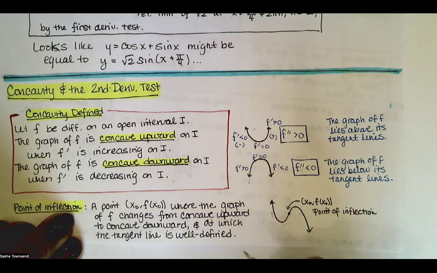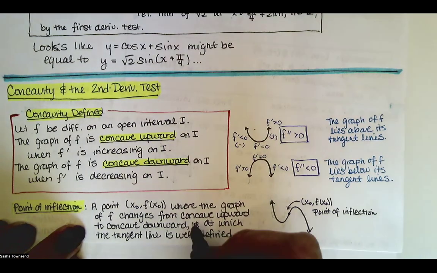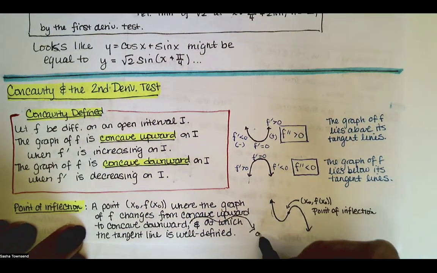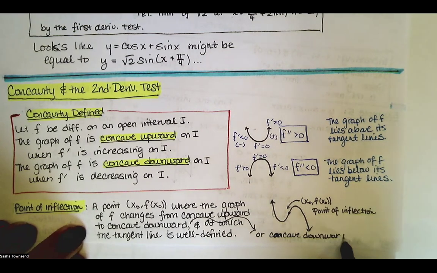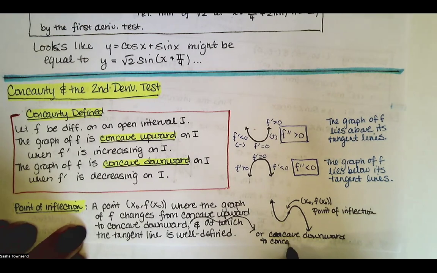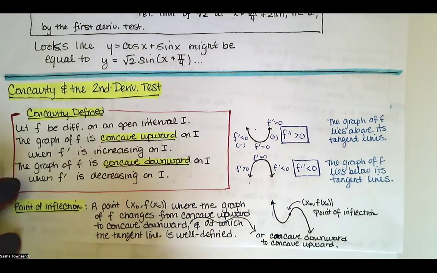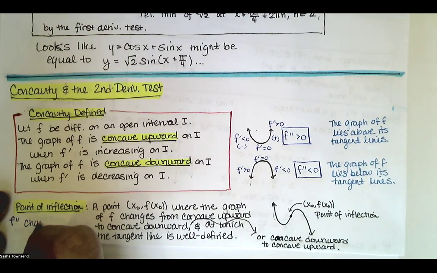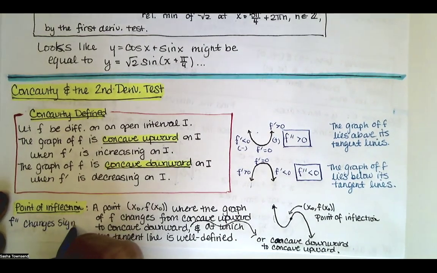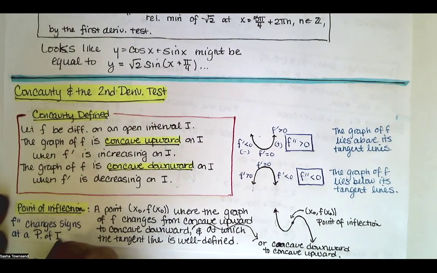Where the graph changes from concave upward to concave downward, or concave downward to concave upward, and the tangent line has to be well defined. Then we call that a point of inflection. So in other words, f double prime changes signs from positive to negative or negative to positive at a point of inflection. So I'll call that a point of inflection.